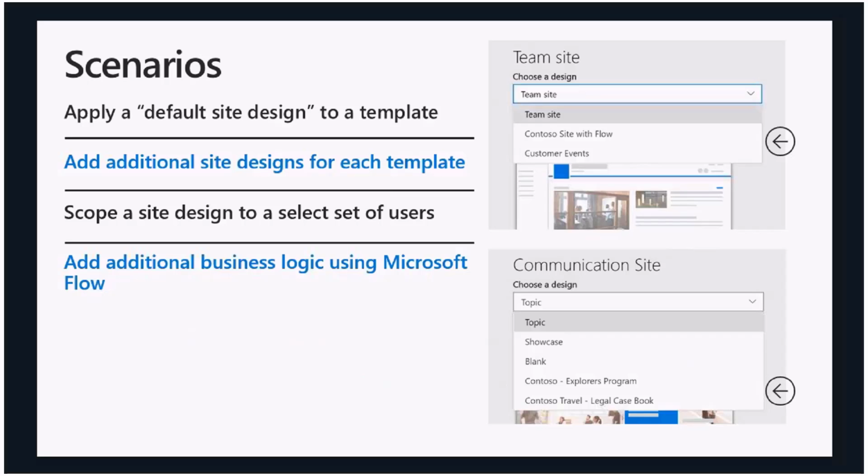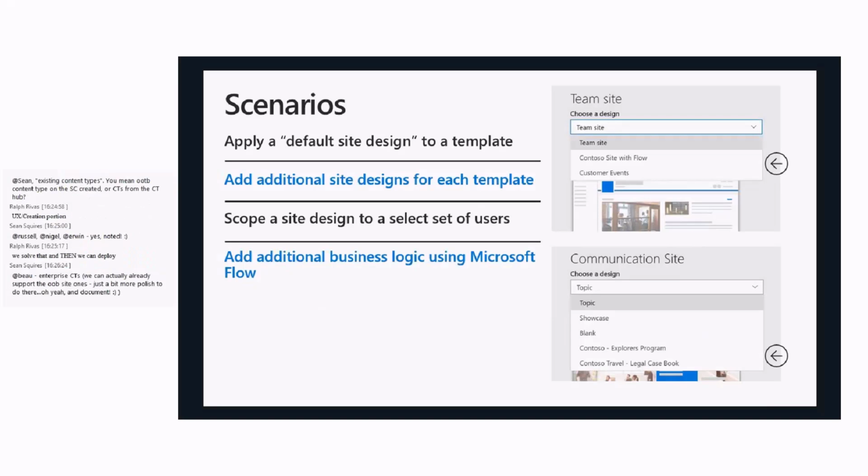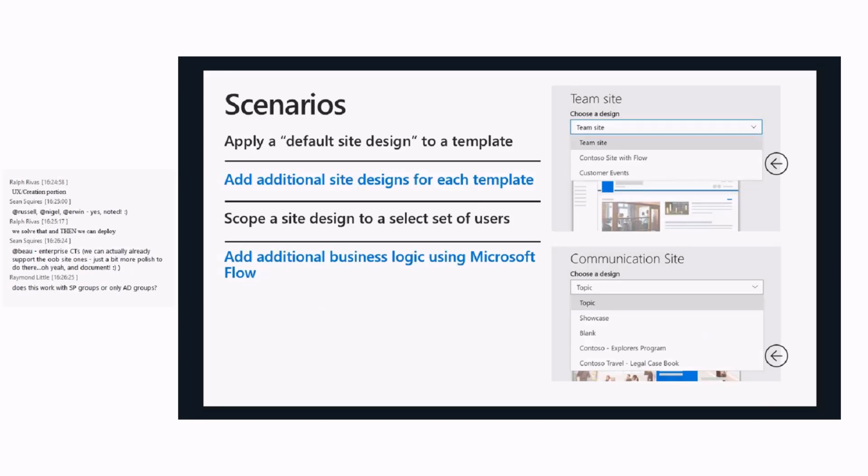You can scope that legal site design to an AD group called legal, and only people inside that AD group legal will see this site design in the list. This is a way for you to control who sees the design. Note, this has nothing to do with actual permissions on the created site. If you have a site design that is only applicable for legal people, the created site can still be usable by other people outside of legal. That's just a SharePoint permission thing. But this is about who can see the site design in a drop-down.